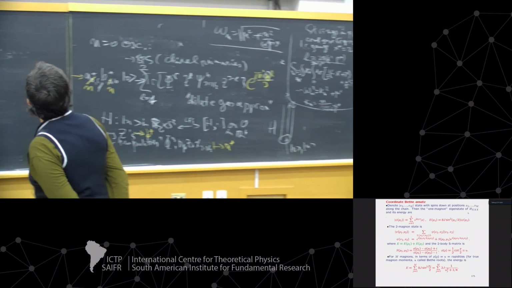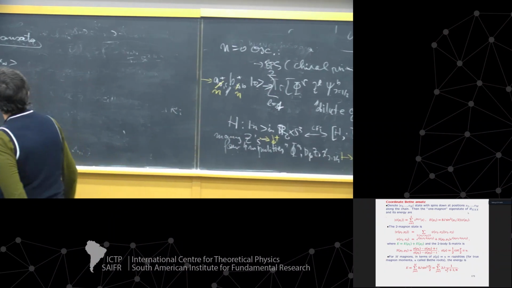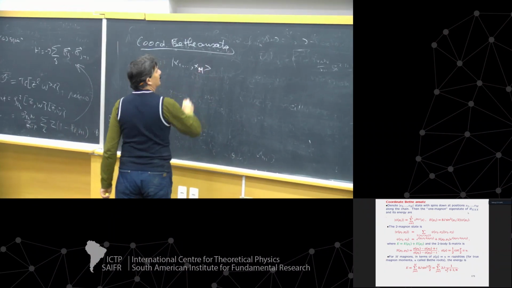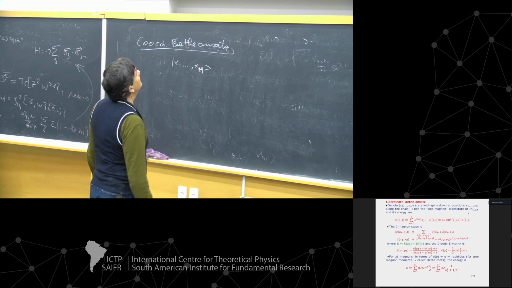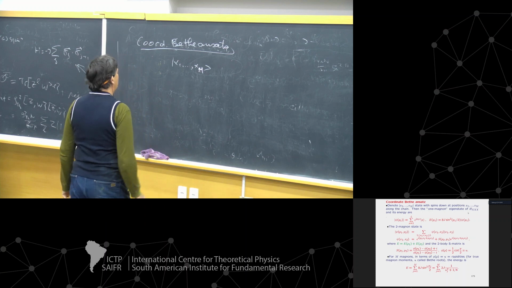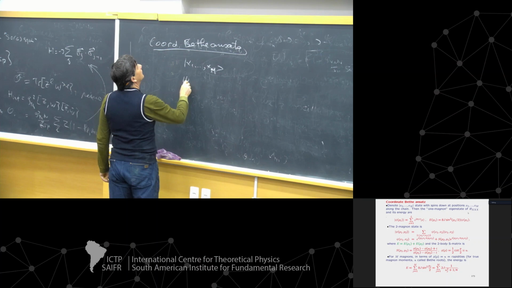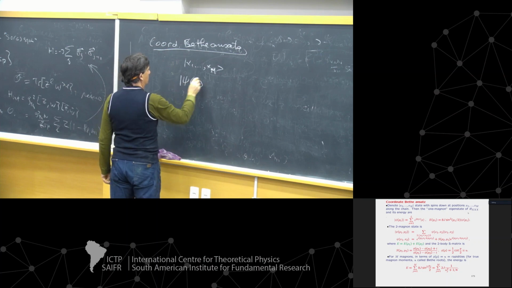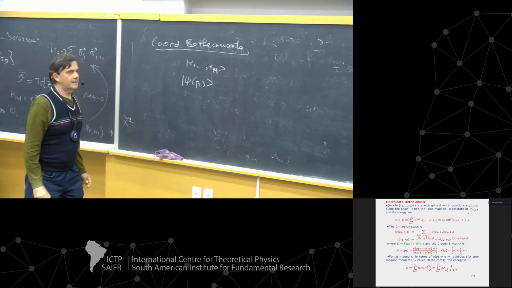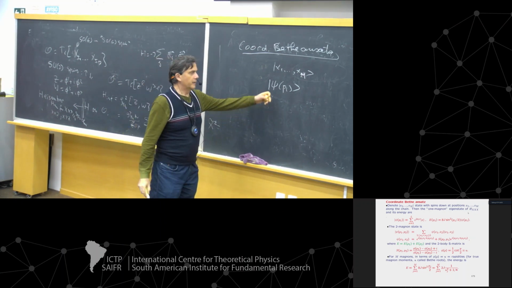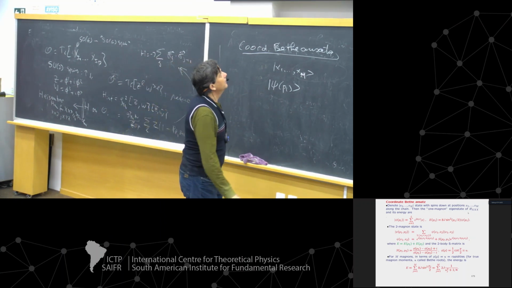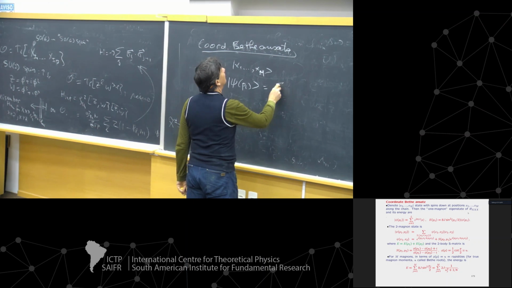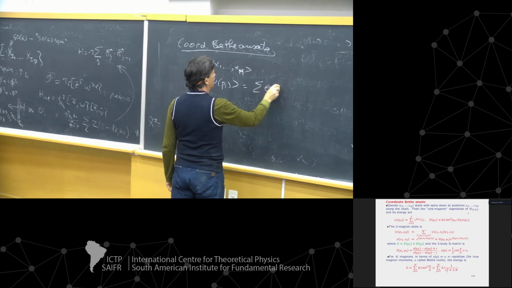Or m, I guess, I used n for something else afterwards. And then the one excitation, or one magnon, with momentum p, is just the sum of e to the i p x.